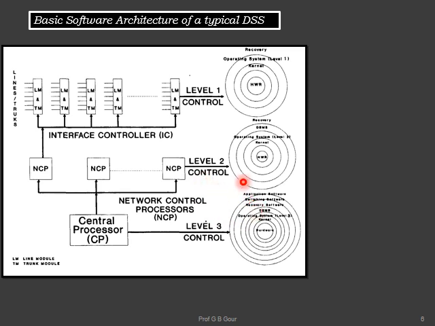These different types of software will be discussed later, and those things can also be included in this answer. So like that we can explain the basic software architecture for the typical DSS. This is a very important part we are covering here.